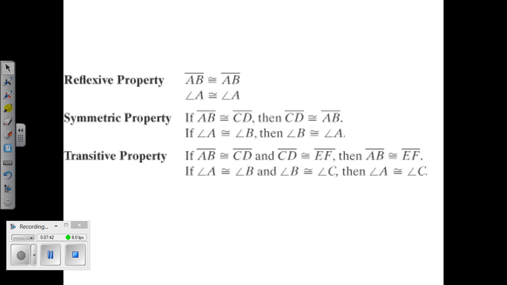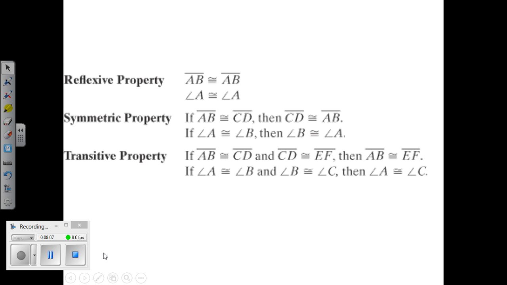So that is pretty much it. This is, again, reflexive property, symmetric property, and transitive property, just stated in another way. Reflexive, anything equals itself. Symmetric, if angle A equals B, then angle B equals A. Transitive, if angle A equals angle B and angle B equals angle C, then angle A is equal to angle C.